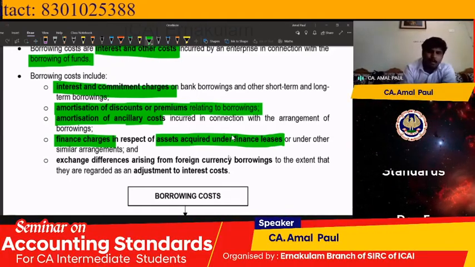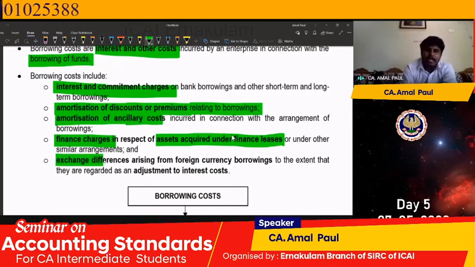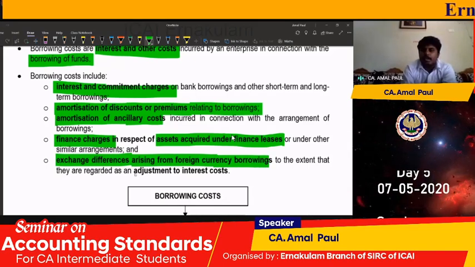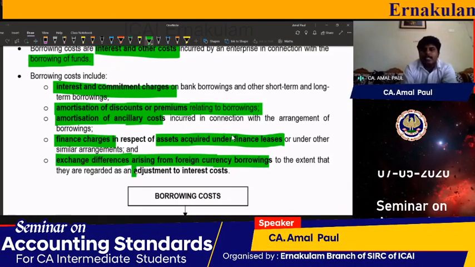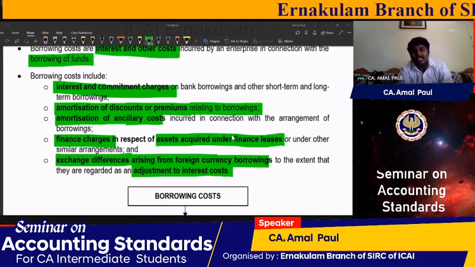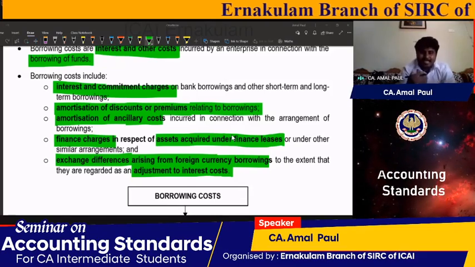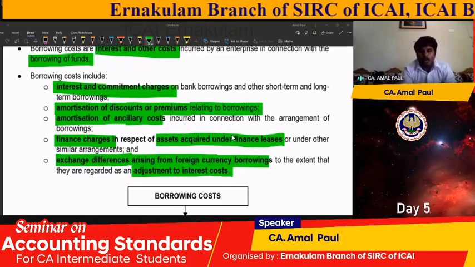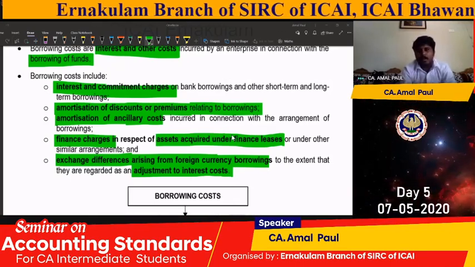Then the fifth component: exchange differences arising from foreign currency borrowings to the extent regarded as an adjustment to borrowing cost. That is, some part of exchange difference we will consider as part of borrowing cost. That is the fifth component.